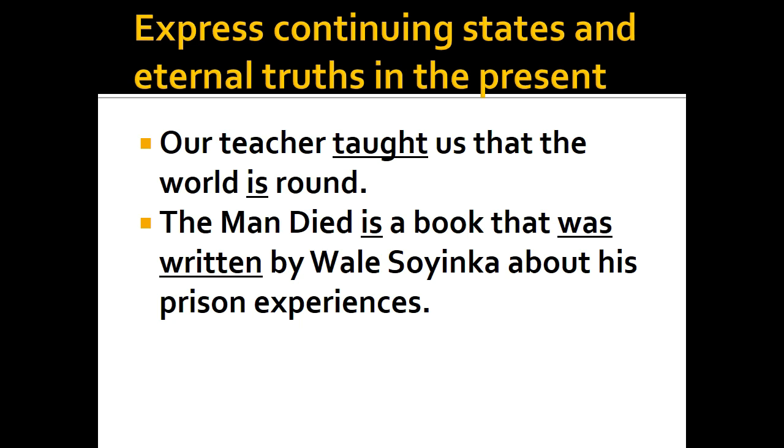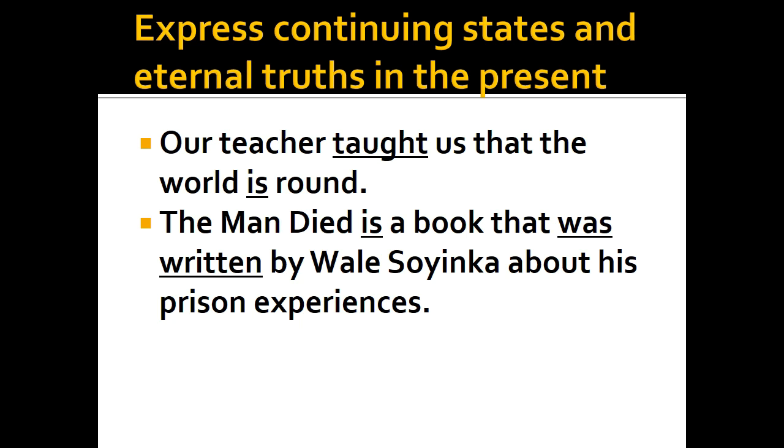So remember, in the first point I made, I say if you're using past tense, be consistent. If you're using present tense, be consistent. But that rule is not working here, simply because if you are expressing truth or eternal truth, that one has to be expressed in present.